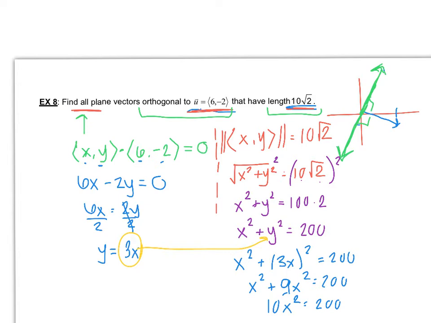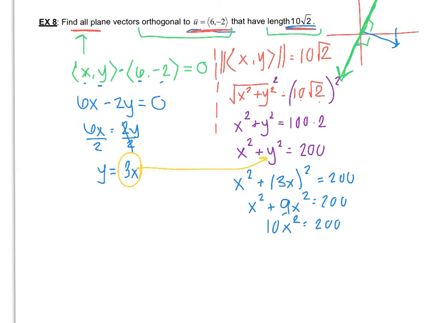Get some more space down here. Okay, so divide both sides by 10, and we have x squared equals 20.